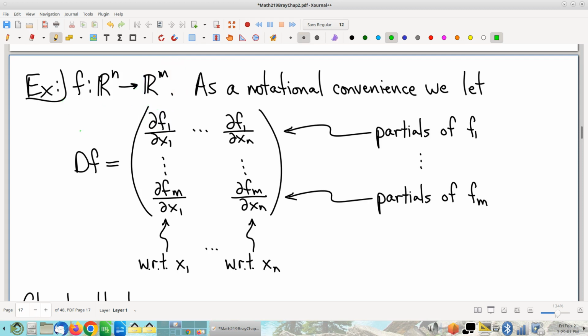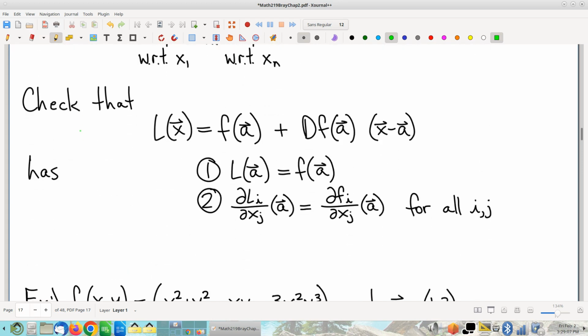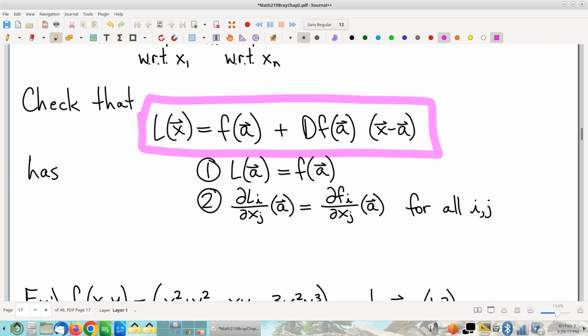Okay, so with that notational convenience set up, how do we do linear approximations? Here it is. Again, it's an exercise I'm going to leave for you all to confirm that it does what it's supposed to do. But here's the formula. You can see it makes very powerful use of the DF matrix that we just got through defining.